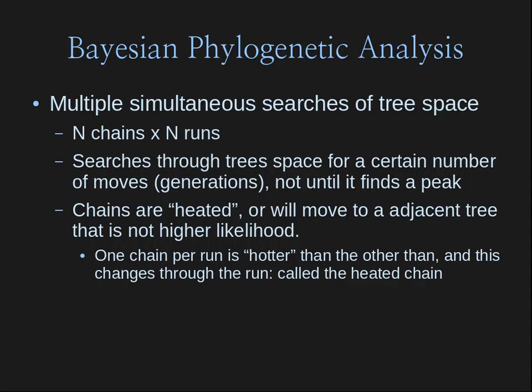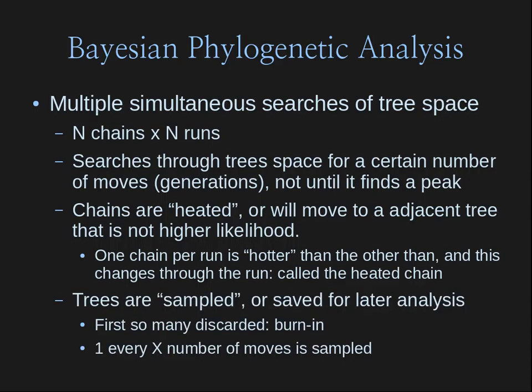Essentially, you're in a spot in tree space, you sample the next tree, and imagine you go down. Depending on how much worse that is, how much lower the likelihood is of that particular tree, determines the likelihood of you accepting it. If you were going down a very steep cliff, and it's much less likely, you're very unlikely to accept that tree and move that direction. If you're just going down a slight little incline, you are more likely to accept that tree and move that direction. Is that making sense so far?